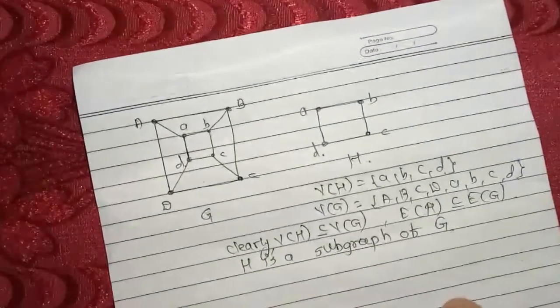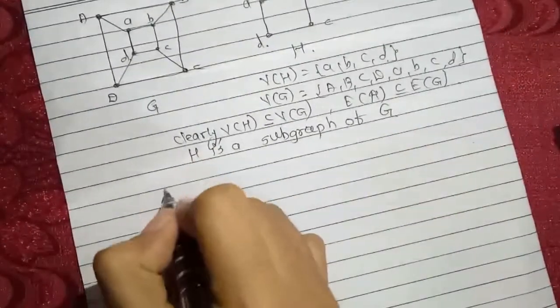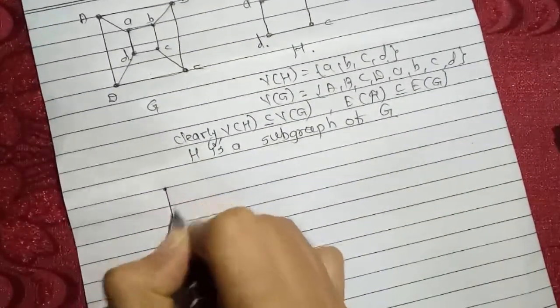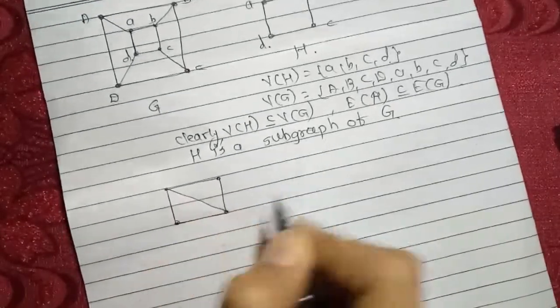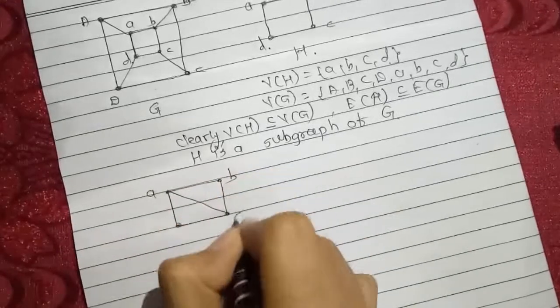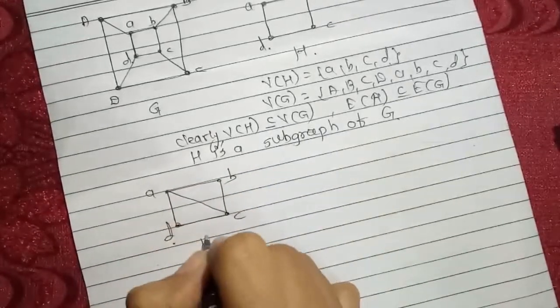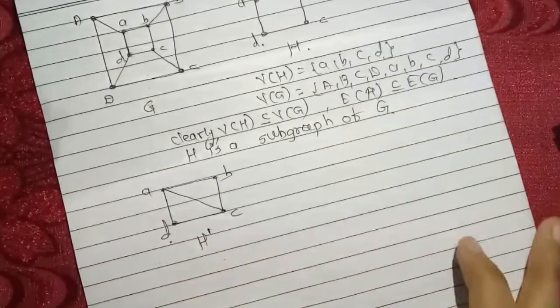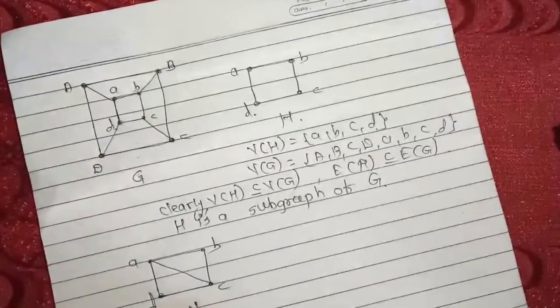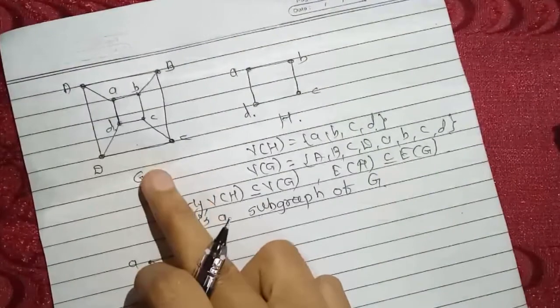Let us take another example. Suppose I take this graph with vertices A, B, C, D. This graph is H dash. Now let us check whether H dash is a subgraph of G or not.